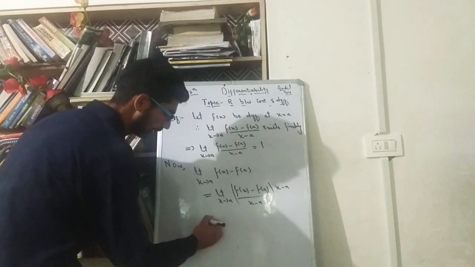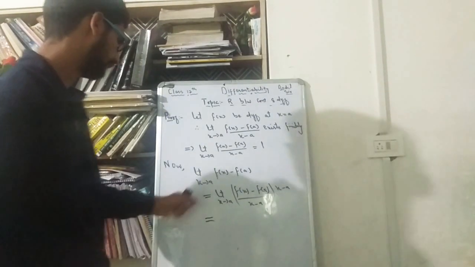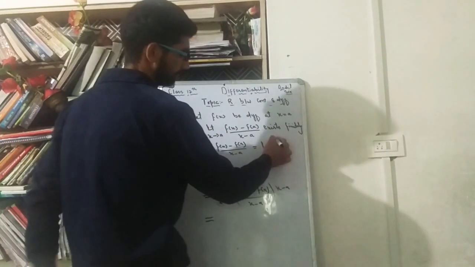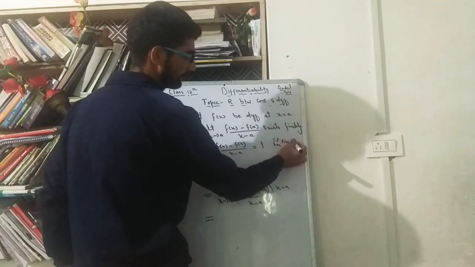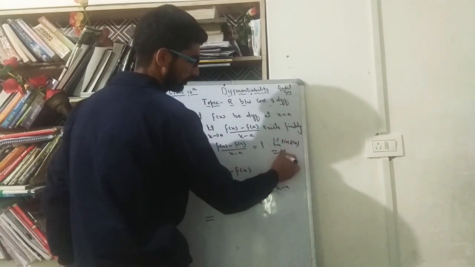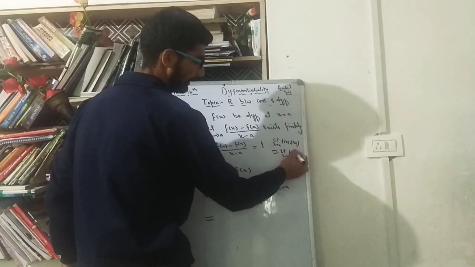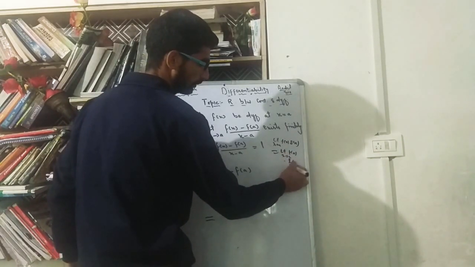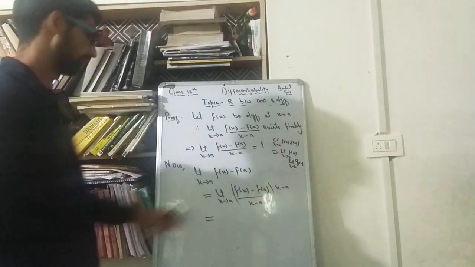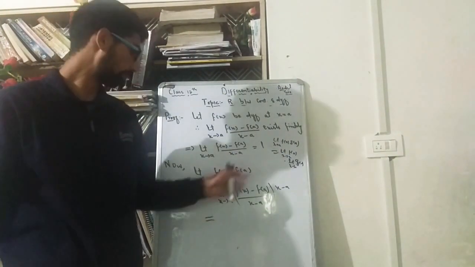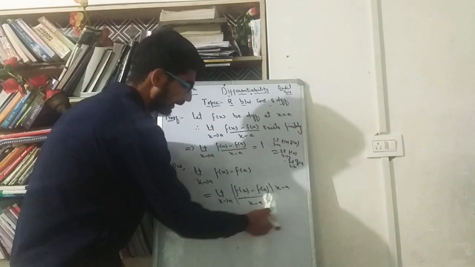But we know that the limit as x tends to a of f of x times g of x is equal to the limit of f of x times the limit of g of x. So I can give the limit to both of these functions.